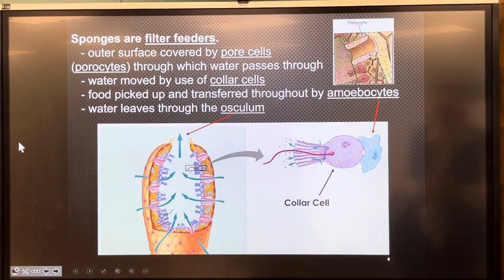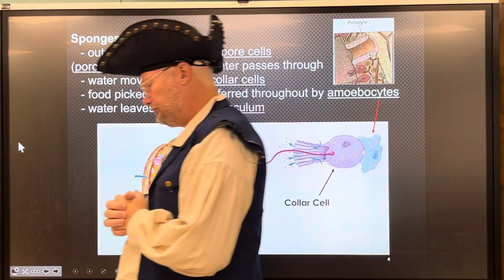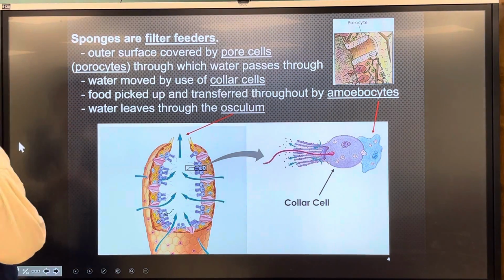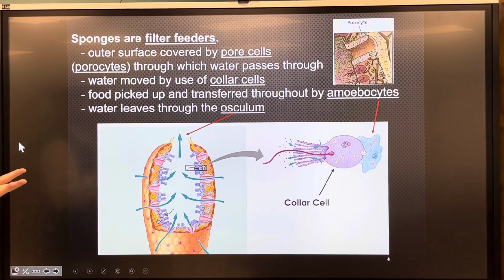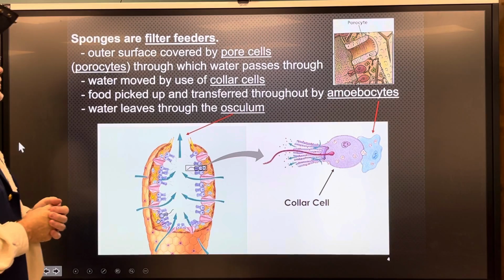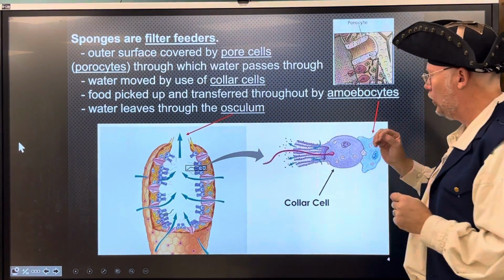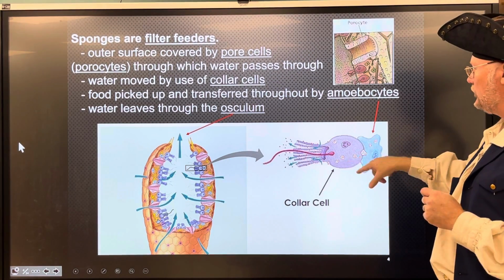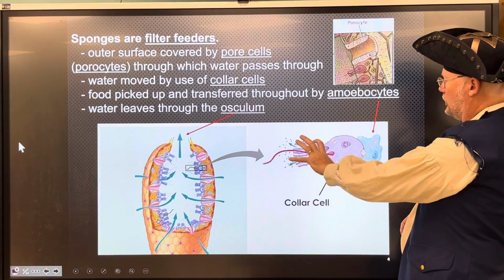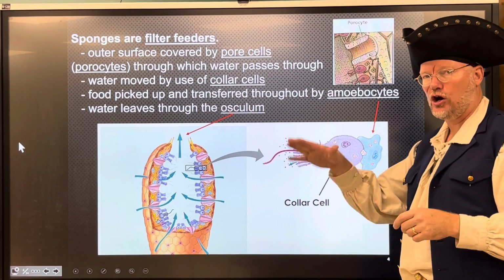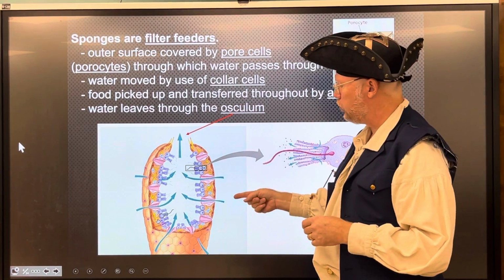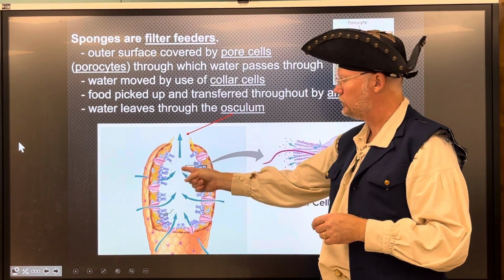Okay. Sponges are filter feeders. They don't have teeth to hunt their prey, but they do eat microscopic organisms, and how they do that is they use these flagellated cells called collar cells that make a current, and it pulls water in through the pores.